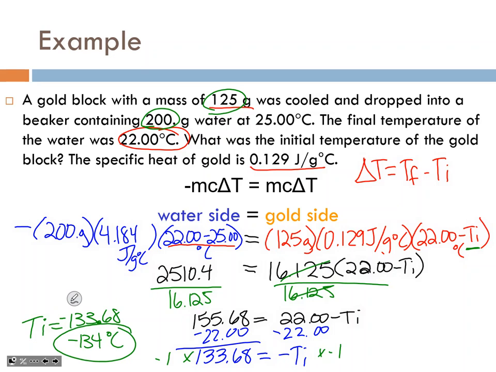So that's pretty cold. The gold started out being pretty cold there. They must have had it in a nice deep freeze before dropping it into the water. And it lowered the temperature of the water by only 3 degrees. That tells you about the heat capacity of the water. So keep that in mind.